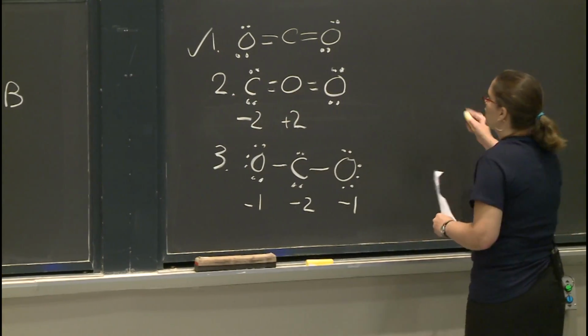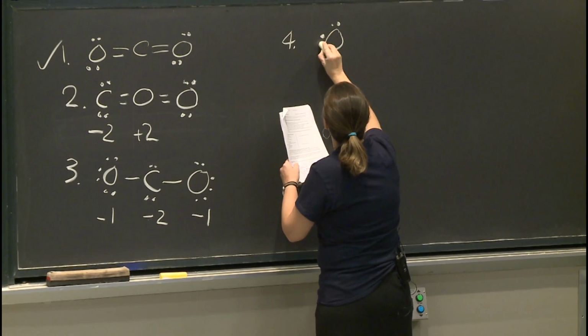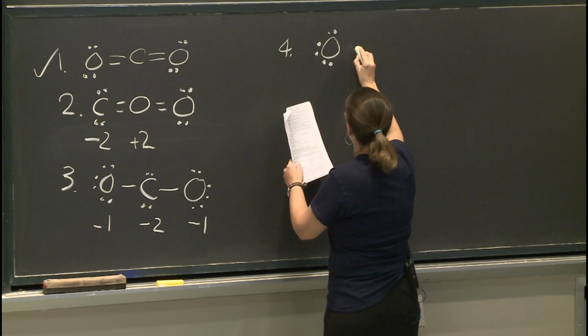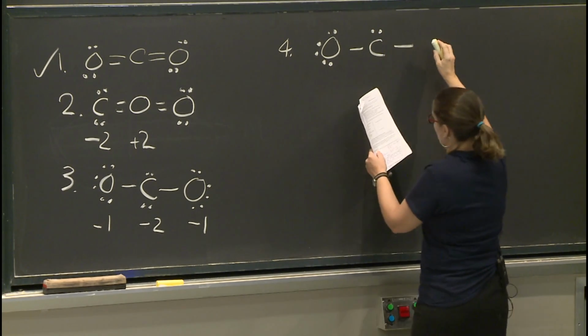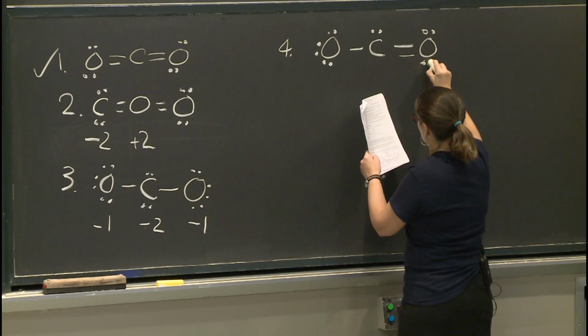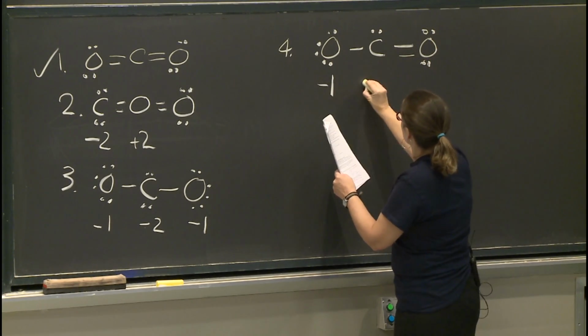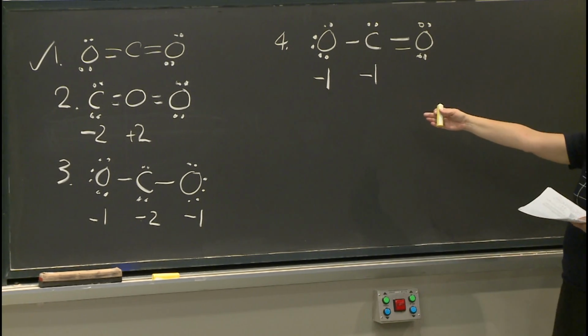OK, so then if we look at number 4, we have an oxygen with 6 around it, a carbon that has 2 lone pairs double bonded to an oxygen with 2 lone pairs, and this has -1 and also -1. So again, charges don't add up.